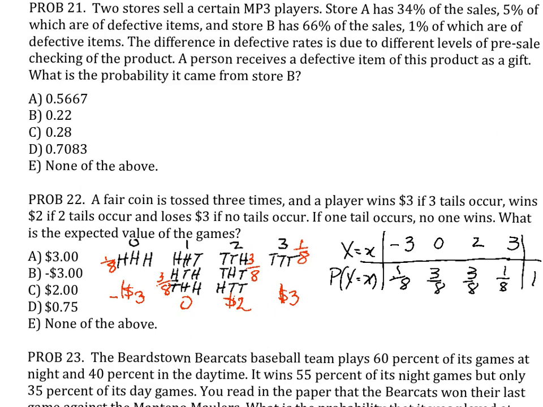The probability of 3 tails has probability 1/8. So using that information, I complete the probability distribution where all these probabilities sum to 1. And now I'm ready to calculate the mean. How do I do that? It is a matter of calculating the weighted mean. When you do that, you get negative 3 times 1/8, 0 times 3/8, 2 times 3/8, and 3 times 1/8, all added together for the weighted mean.